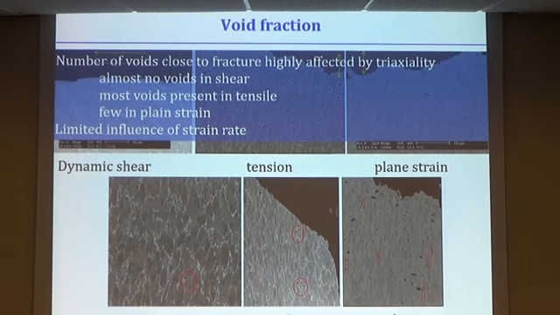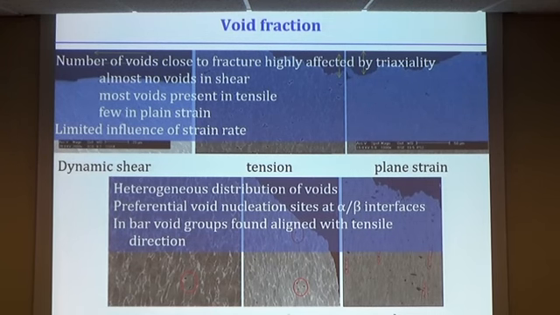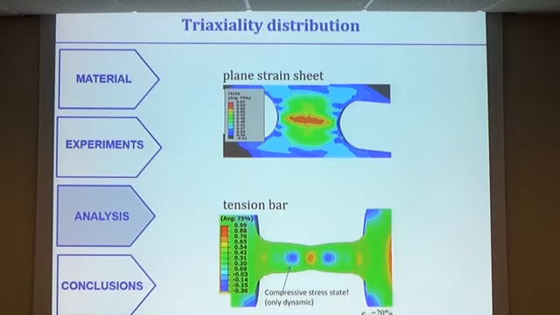It's also difficult to capture voids in a shear experiment because they are closed, but we had no indication that there was any void formation. In the plane strain experiments, much to our surprise, we found almost no voids, much fewer voids compared to the Ti6Al experiment. Then we also observed some clusters of voids in the bar experiment. We also could see that onset of void formation was always at the interface between the alpha and beta grains. So interesting information for the modeling people.